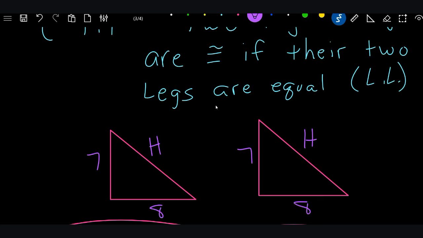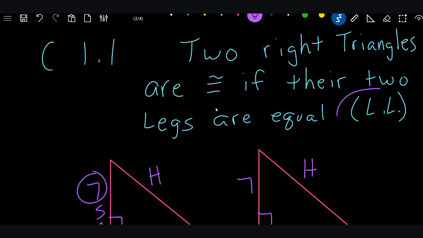Now look what I have. I have side. I also have this angle. How do I have that angle? Because it's a right triangle. Those are both 90. So I have side, angle, side. In right triangles, side, angle, side is called leg, leg. That's all you need. LL, leg, leg.